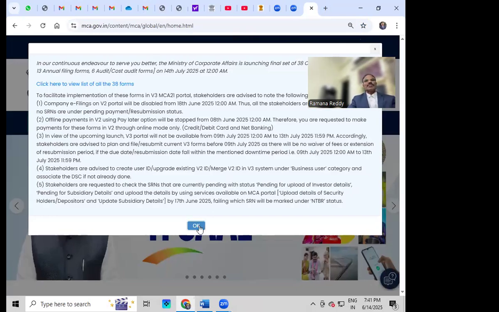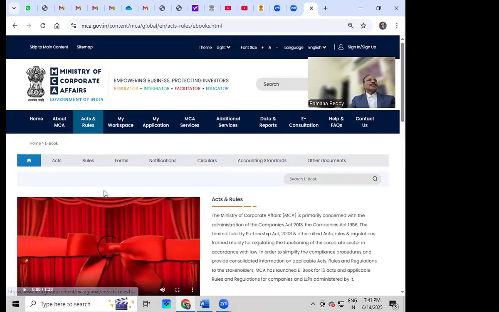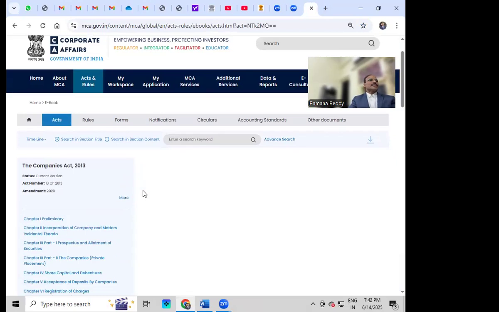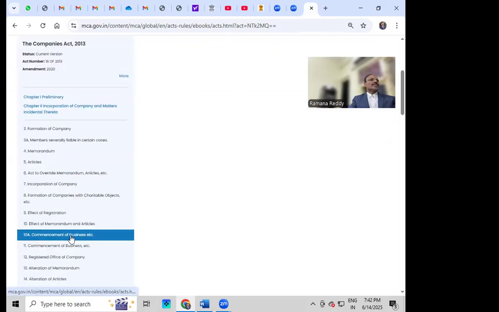This is the Ministry of Corporate Affairs, mca.gov.in, and here you click Act and then go to the Companies Act. In the Companies Act, here are the chapters. You can start with section or chapter. We are talking about chapter 2, incorporation of the company and matters incidental thereto. Click chapter 2, then you can see 10A, commencement of business here.